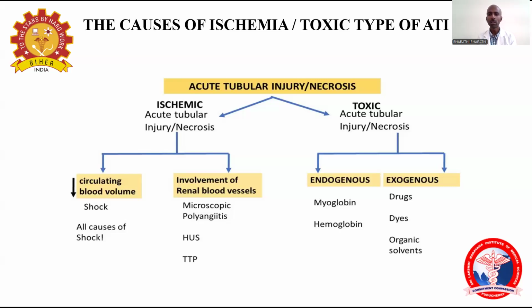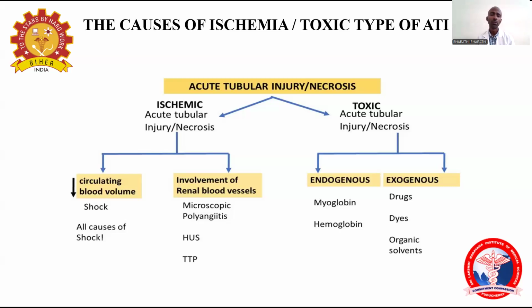Now coming to toxic acute tubular injury or necrosis. This could be due to endogenous toxins or exogenous toxins. The endogenous toxins are myoglobin and hemoglobin.